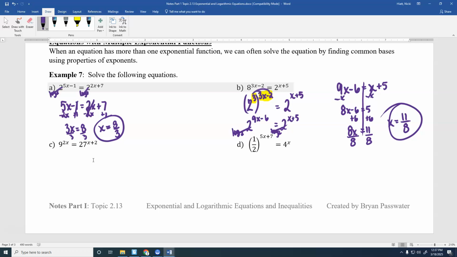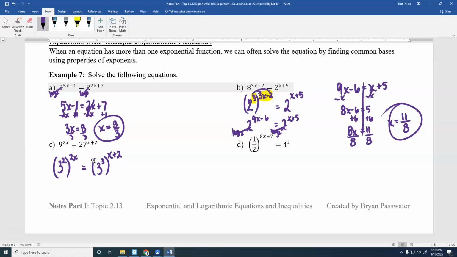Is there another base I could use that would work for both of these numbers? 3, because 3 squared is 9, right? So I could do 3 squared to the 2x. And then 27 is 3 to what power? Cubed. 3 cubed is 27, x plus 2.